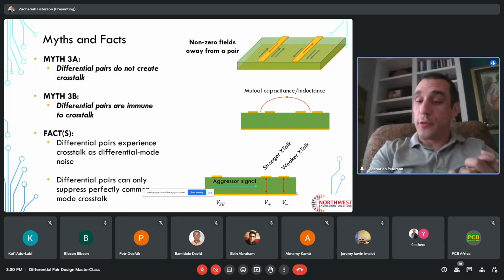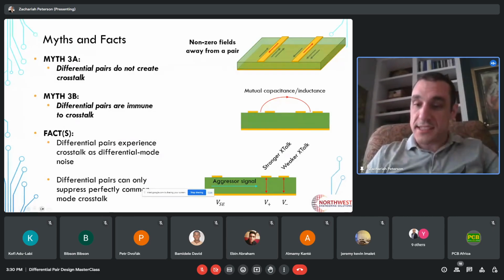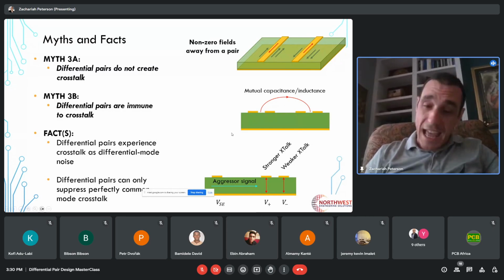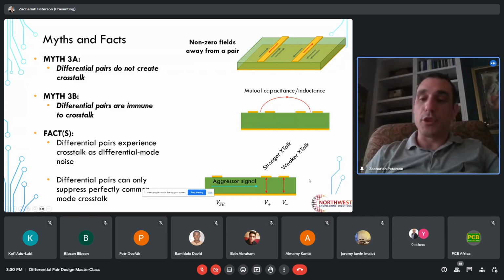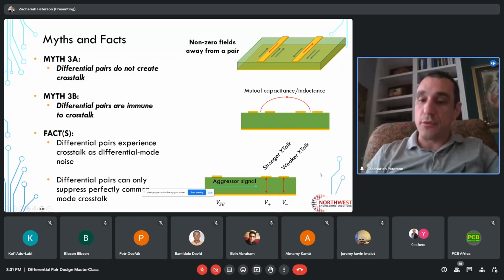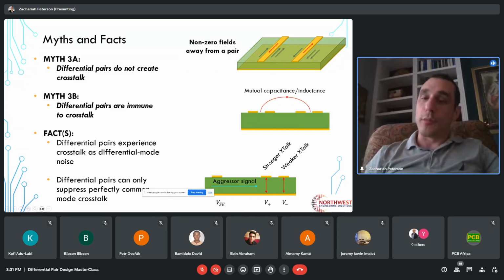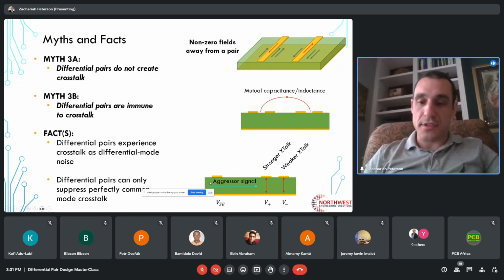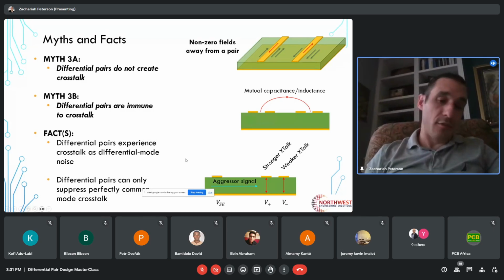But differential receivers, because they sense the difference between the plus and the minus signal, can remove common mode noise. So common mode noise can be rejected up to very high values in a differential pair. Differential mode noise cannot. So we would like to prevent differential mode noise. And when you have this case where a single aggressor signal is injecting crosstalk into a differential pair, that injected noise is going to be differential mode noise.